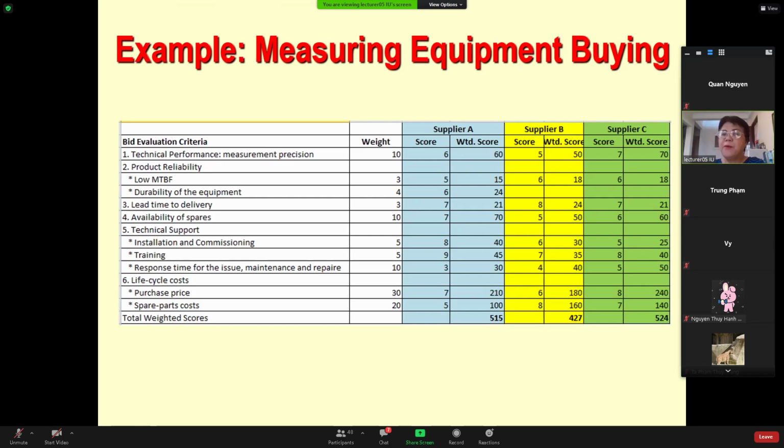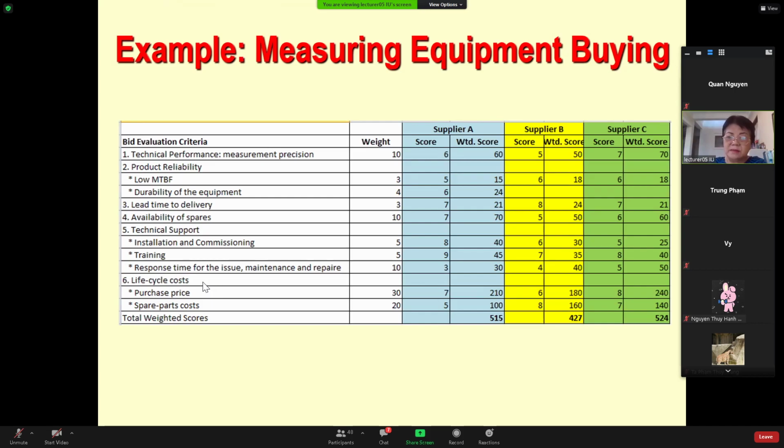If you buy some equipment and you always face the responsive time of the issue, if any issue happens during the operation, what is the responsiveness, maintenance, and repair? So the weighting factor here, you score 10.